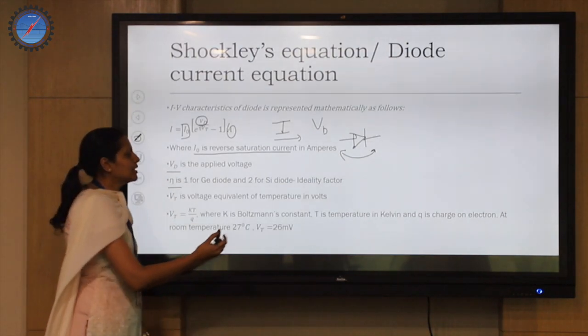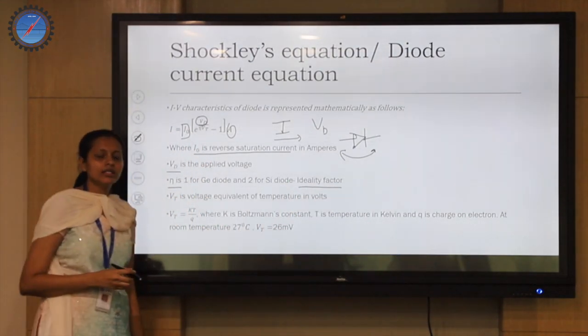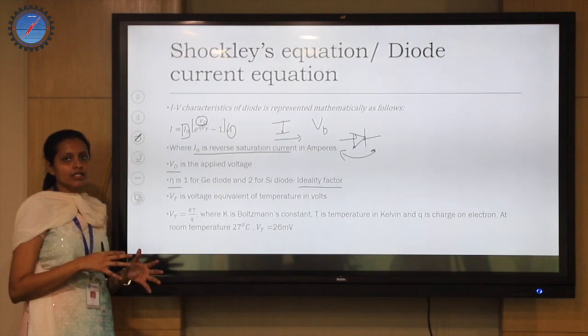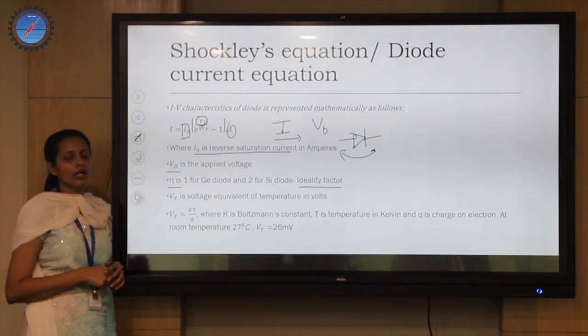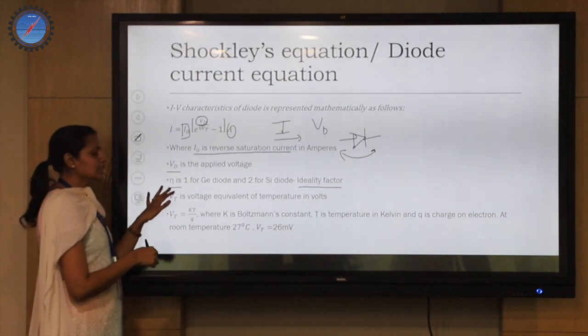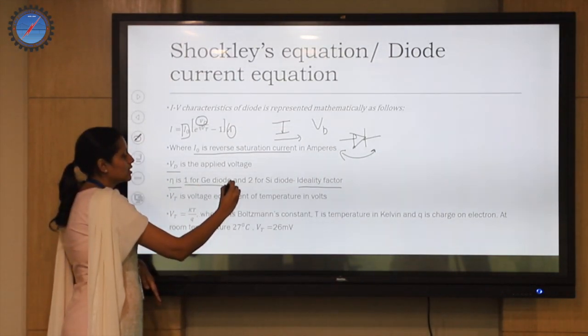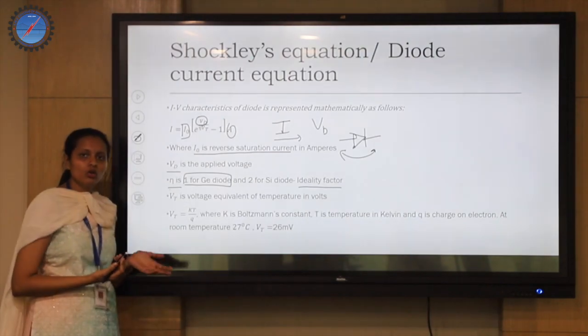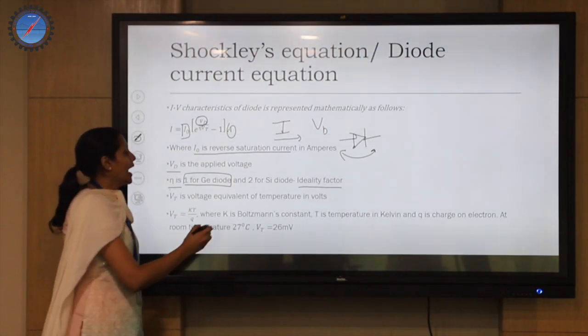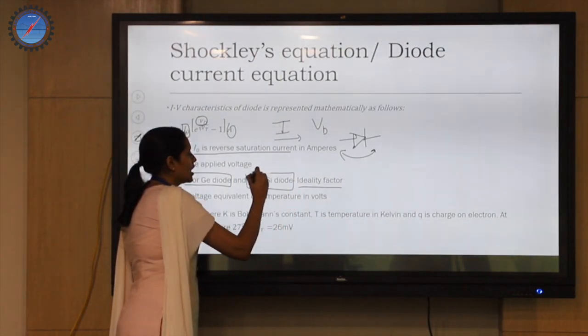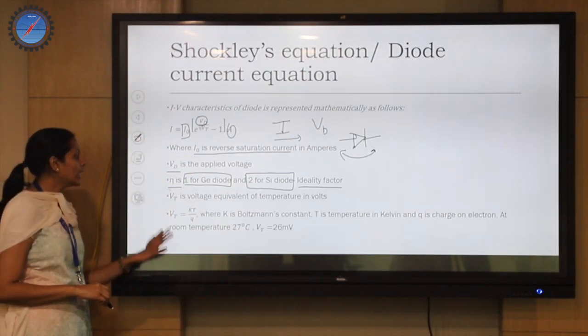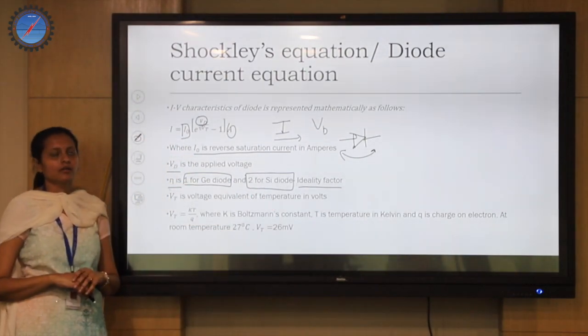Eta is called the ideality factor. It indicates how closely the characteristic resembles the ideal diode characteristic. It is a constant and does not have any unit. It is 1 for a germanium diode, so if you are taking a germanium diode, you take eta as 1, and 2 if it is a silicon diode. So eta is nothing but the ideality factor.